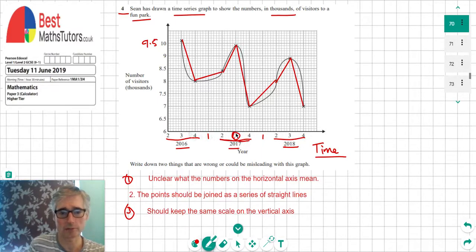So that is probably what the numbers on the horizontal axis refer to, the quarters in the year. But as I said, it's unclear what the numbers on the horizontal axis actually mean, because that should be specified. So that's why it's one of our points, that it's a misleading thing, or in fact wrong, with this graph.